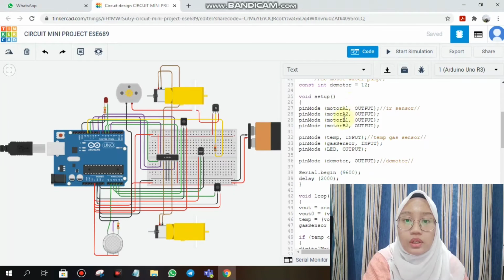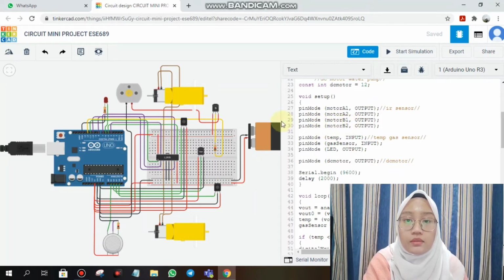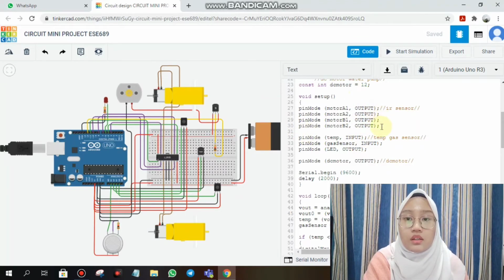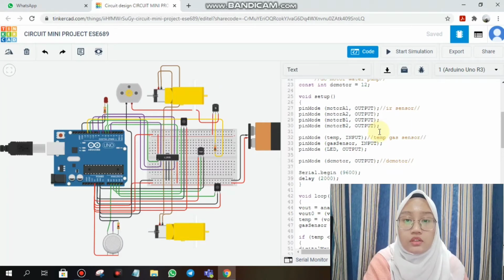Motor A1 and motor A2 are specified for the IR sensor, and motor B1 and B2 are specified for the hobby gear motor. All these motors are known as outputs because, when the circuit is simulated, all the motors and the IR sensor will give output for the reading.